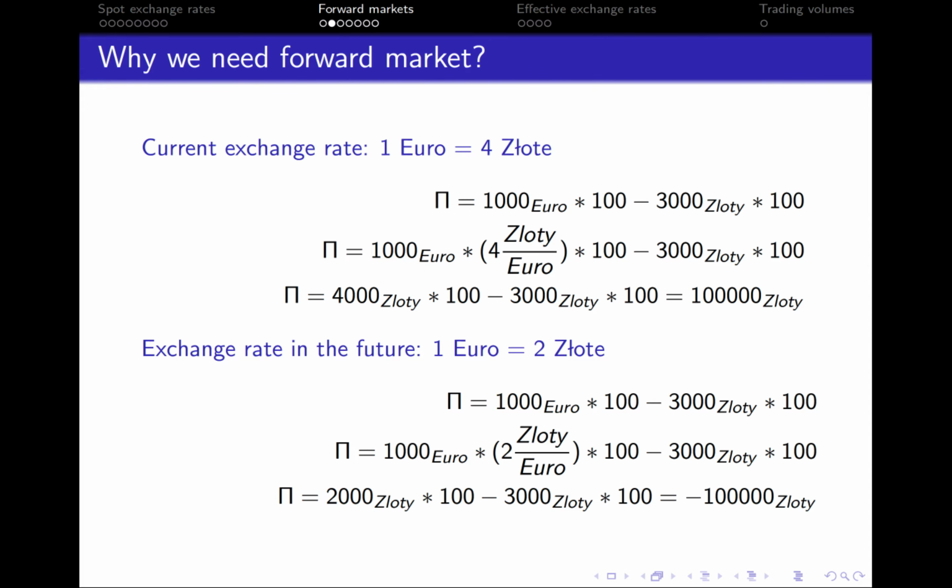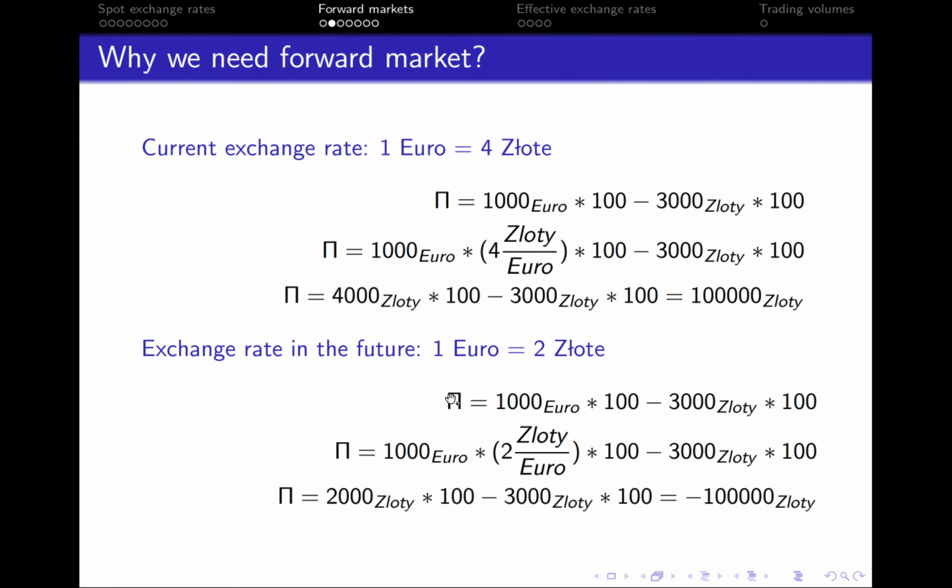But look, what would happen if in the meantime, in the half a year from the point where you made a contract with the company to deliver the bikes, the price of euro would drop? So euro would depreciate, zloty would appreciate, and let's just say that now for €1 you can get only 2 zloty.